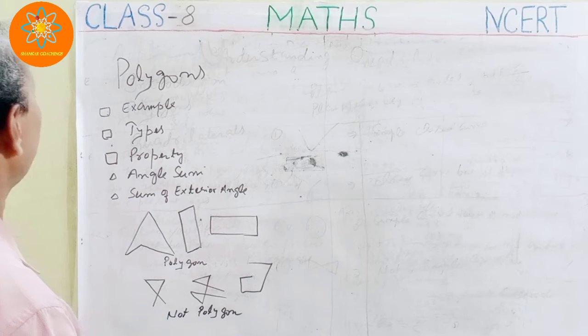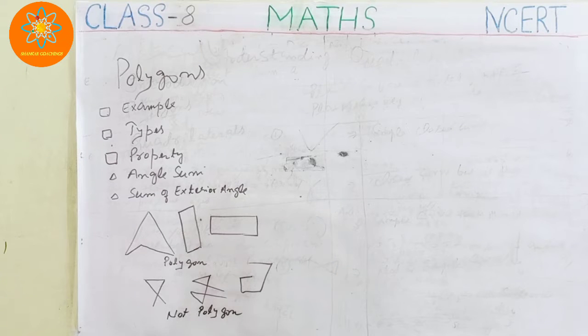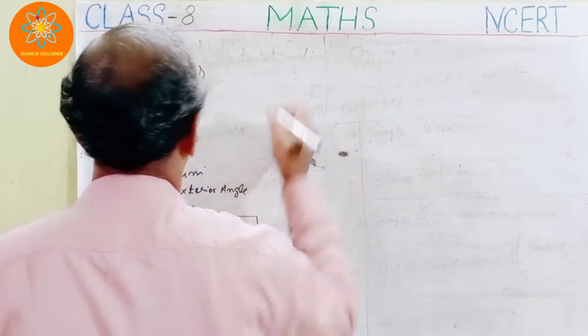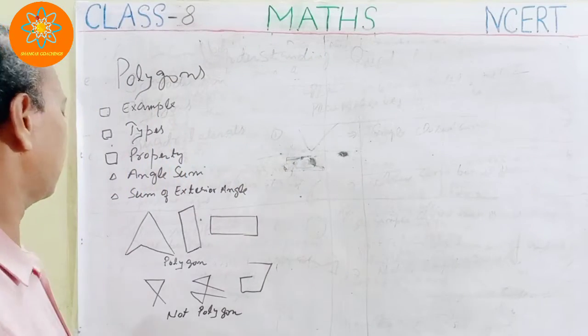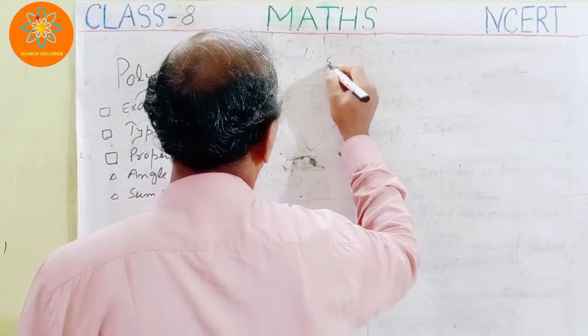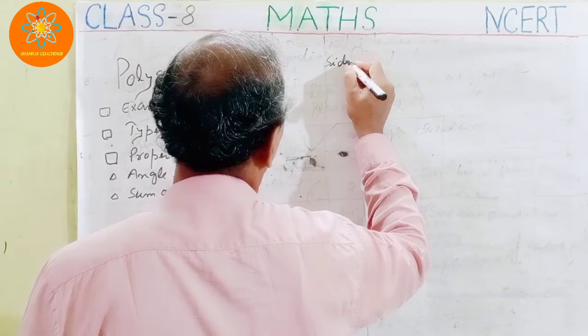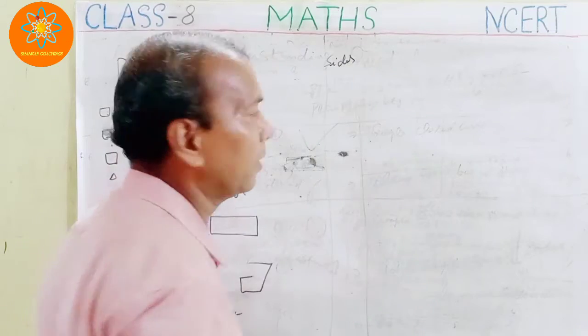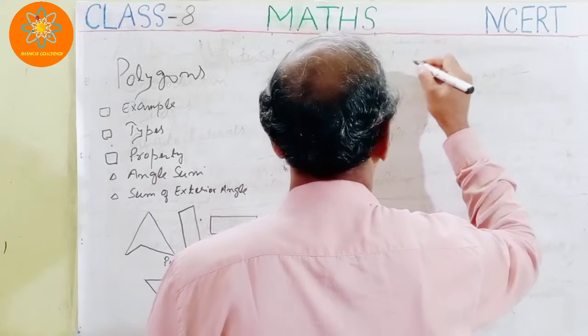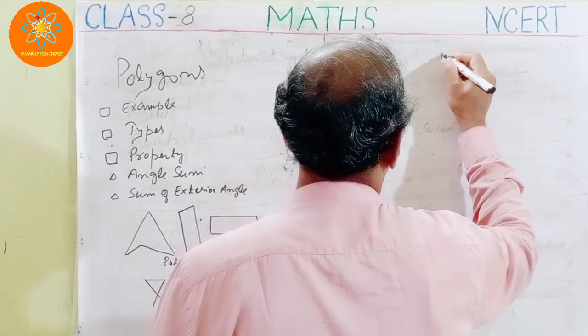Now we will see the examples of polygons. In the examples, I will take the sides and then the corresponding names.